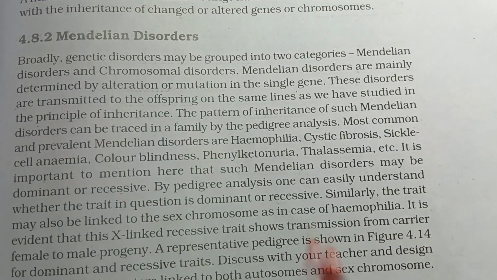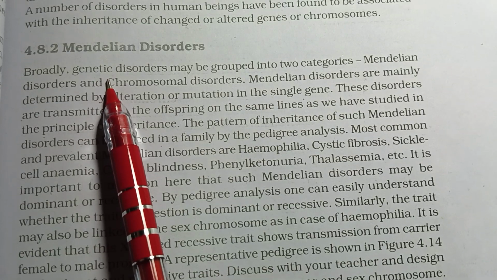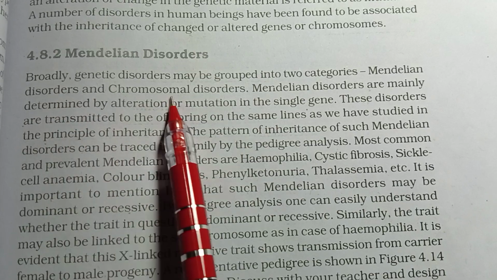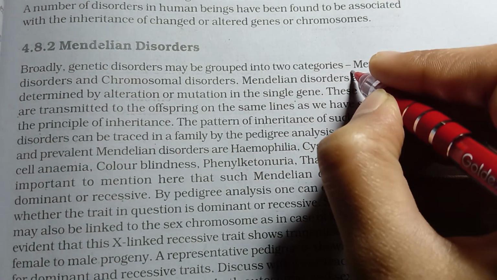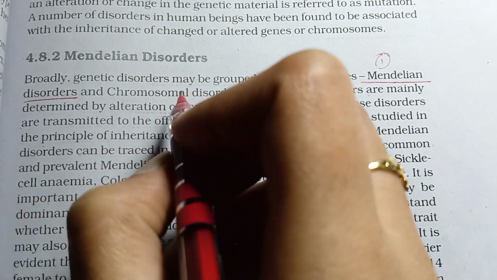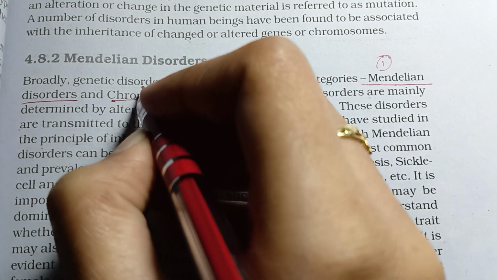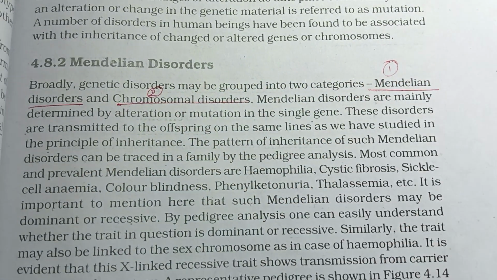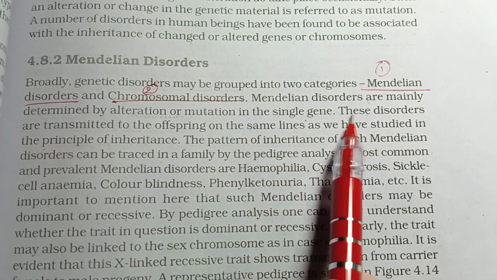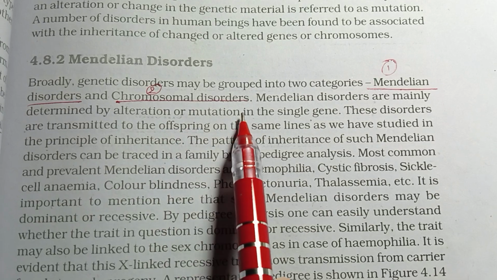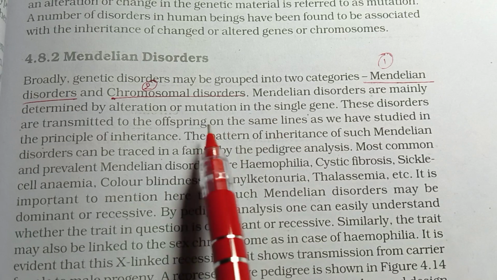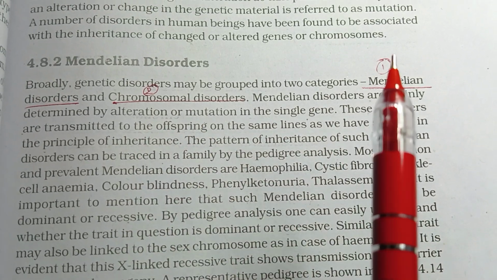So, Mendelian disorders. Broadly, genetic disorders may be grouped into two categories: Mendelian disorders and chromosomal disorders. Mendelian disorders are like sickle cell anemia, thalassemia, hemophilia, and chromosomal disorders are like Turner syndrome, Down syndrome, Klinefelter syndrome. Mendelian disorders are mainly determined by the alteration or mutation in the single gene.